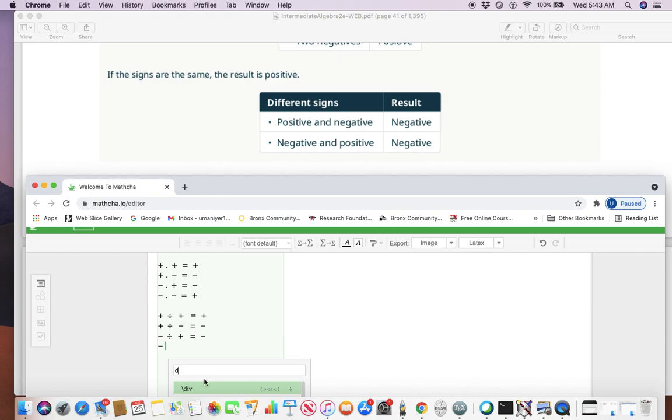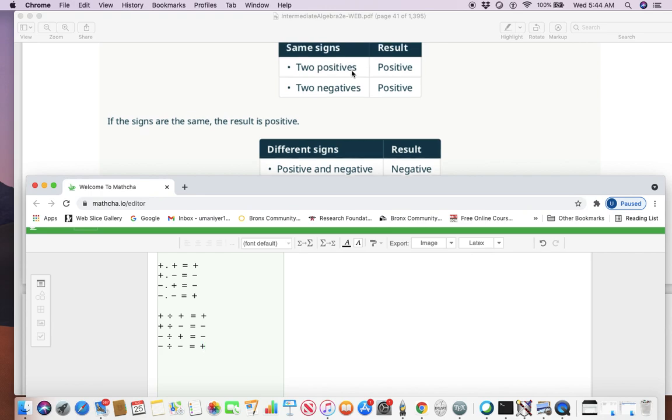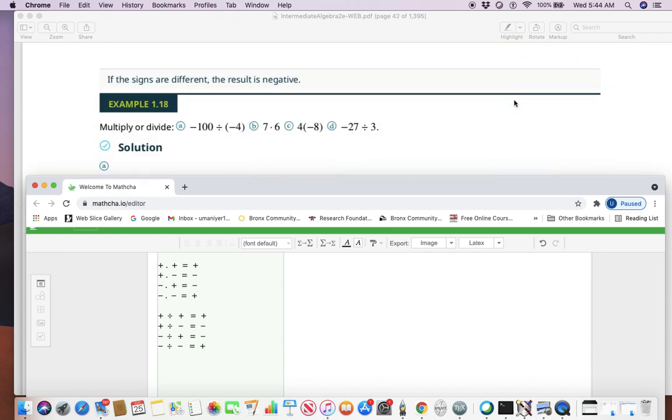Negative divided by negative is positive. So different signs, result is negative. Same signs, be it both positive or both negative, result is positive. So those are the basic rules for multiplication and division.